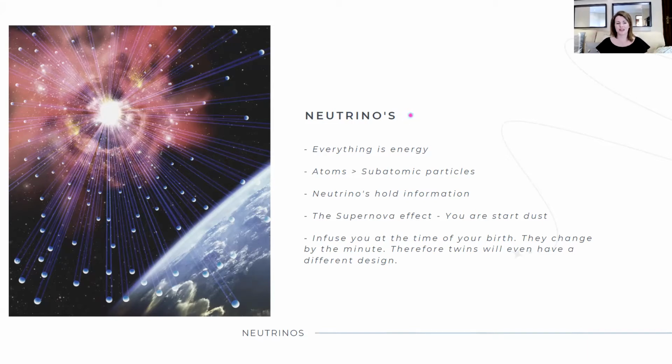Now, where neutrinos come from is the supernova effect, when stars basically burst into different pieces. This is probably not the most scientific information, so I'm just trying to make it really simple, but it comes from the supernova effect.